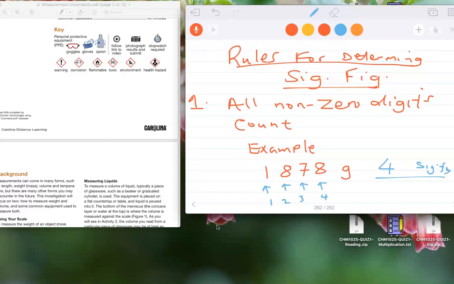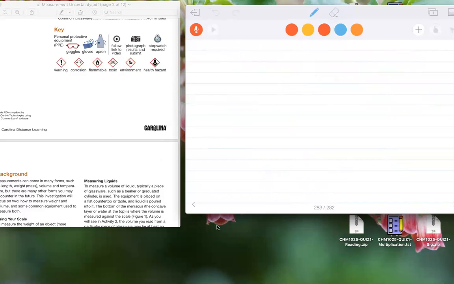Now, that is easy. Where it's tricky is when you are dealing with zeros. Sometimes zeros do not count, sometimes they do, and you have to be careful. We have what we call leading zeros.